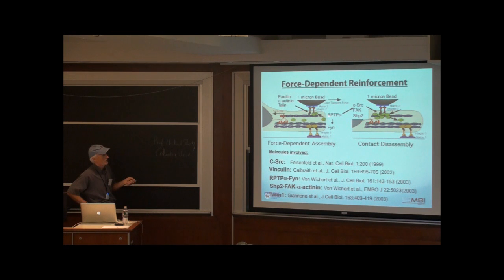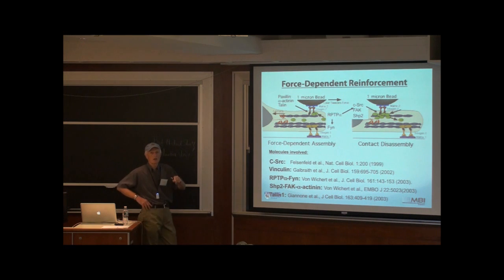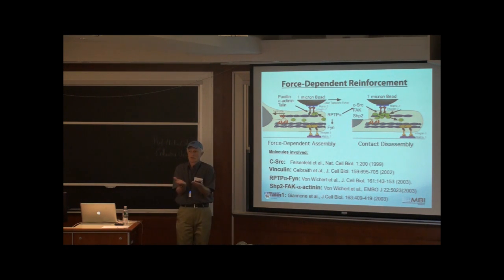RPTP alpha is in complex with the alpha V beta 3 integrin at the leading edge. It activates Fyn and Src that we know are important for this process, so it was not surprising that RPTP alpha minus cells spread to the same area on soft and rigid surfaces.